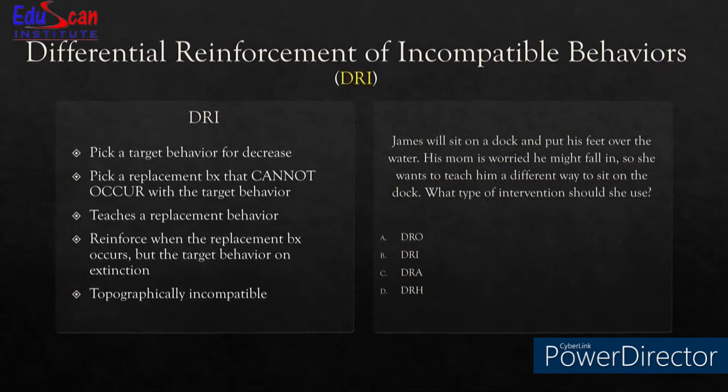You are going to put the target behavior totally on extinction. Very, very straightforward, right? Is there any doubt in it? It is in the name itself: what you need to remember is you're teaching a replacement behavior that is topographically incompatible to the target behavior.